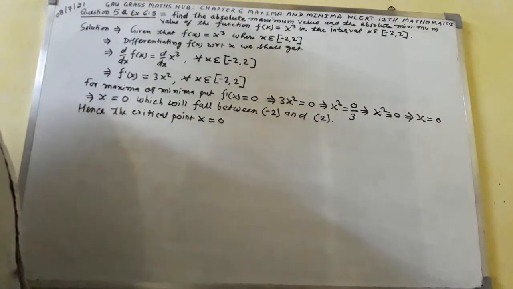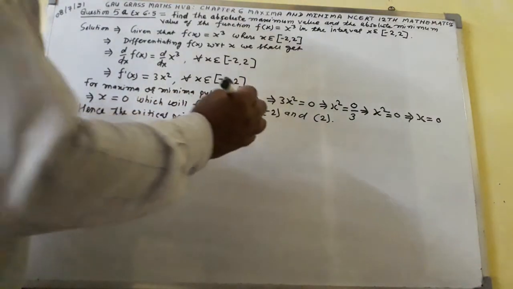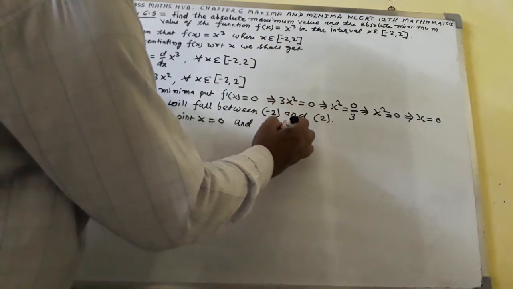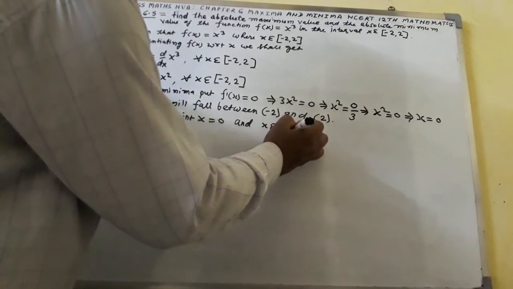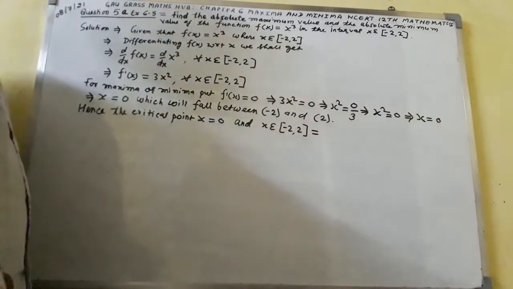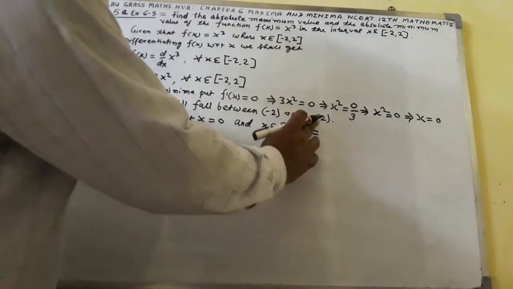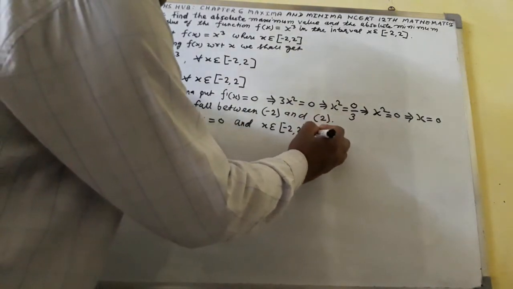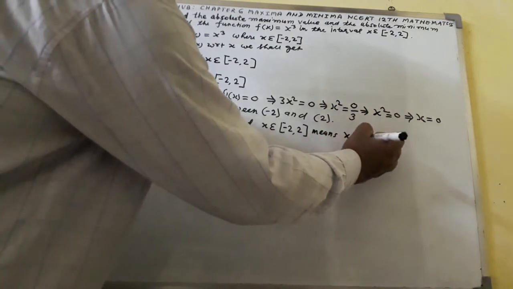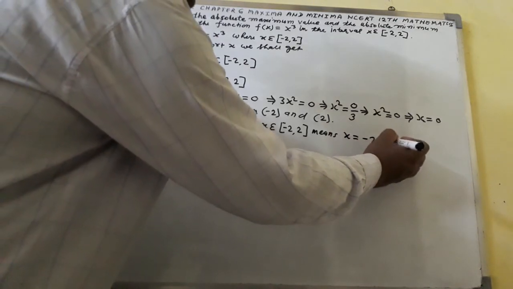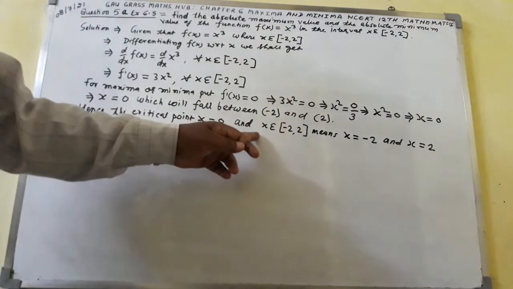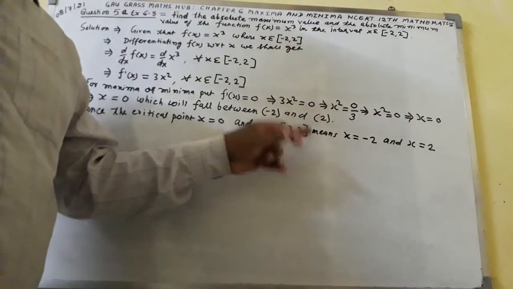And x belongs to closed interval minus 2 comma 2 closed interval, which means x is equal to minus 2 and x is equal to 2. Here x belongs to closed interval minus 2 comma 2 closed interval.